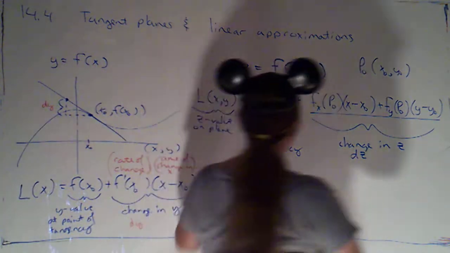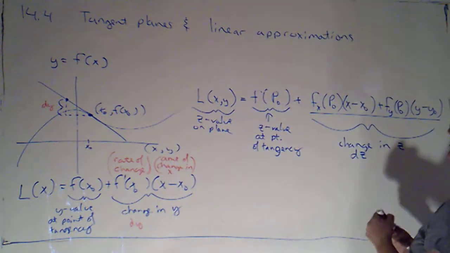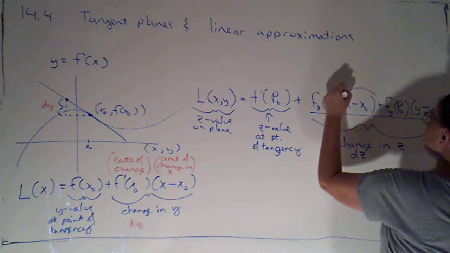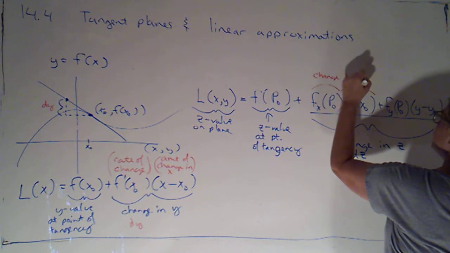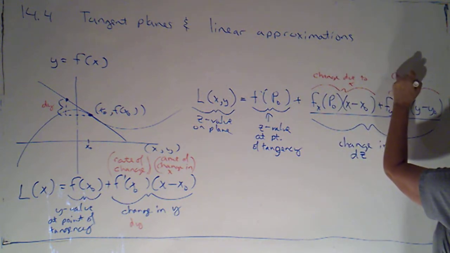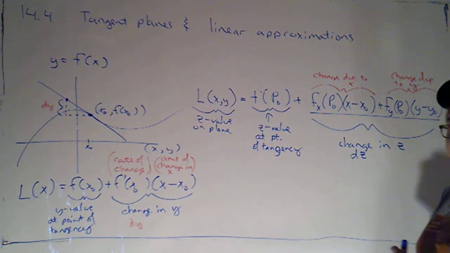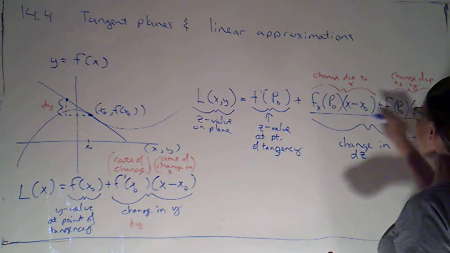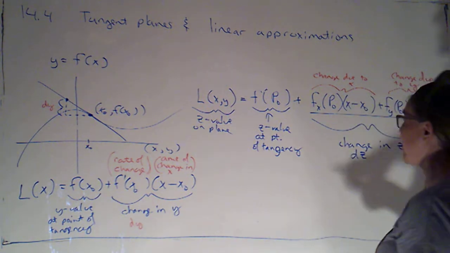Okay. Now I'm just going to clear some space up here so that I can label this a little bit better. So this part is the change due to x. This part is the change due to y. But both of those are calculated as a rate of change multiplied by an amount of change.